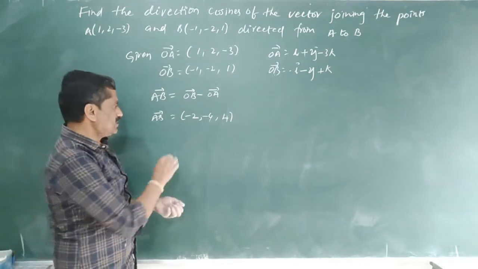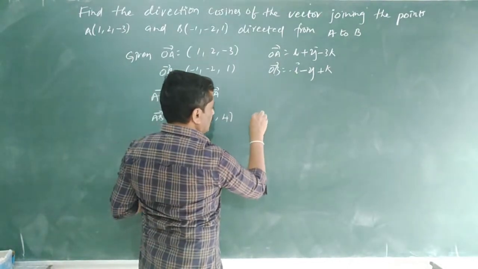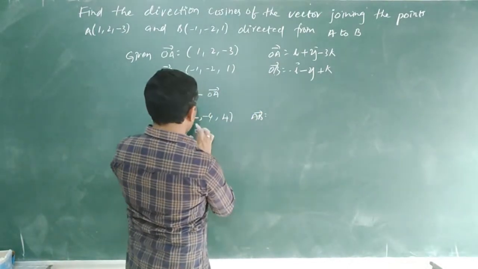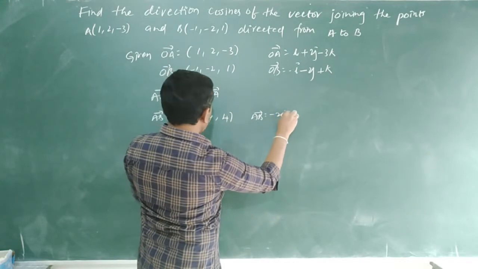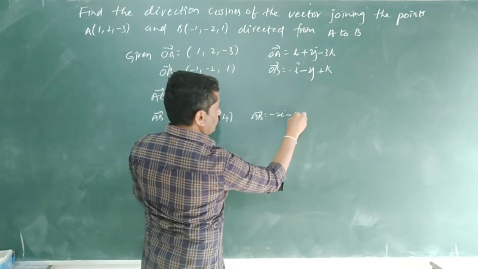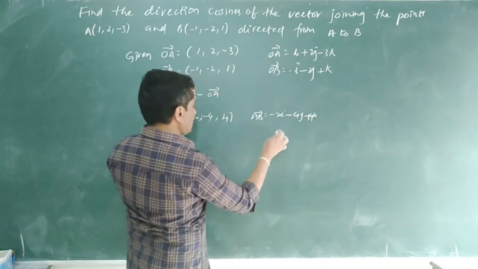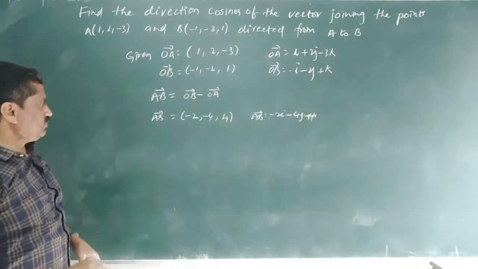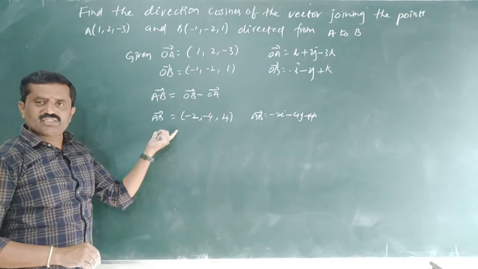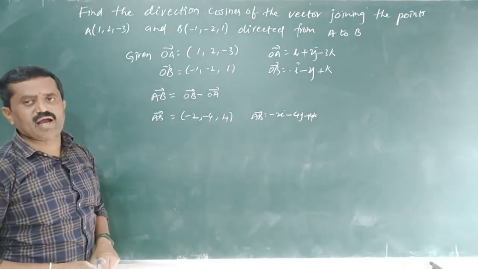So we know that this can be written as, so that is AB bar is equal to minus 2i minus 4j plus 4k. We need to find the direction cosines, so we need to find the magnitude of the vector.